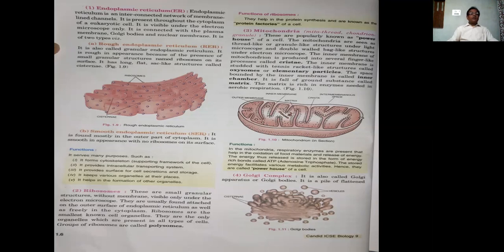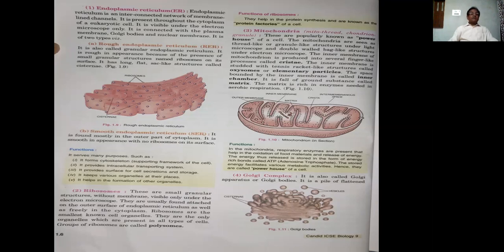Ribosomes are cell organelles which are not surrounded by a cell membrane. Without a membrane, it's a very specific one. Generally, ribosomes appear granular, made up of two subunits, a smaller unit and a larger.